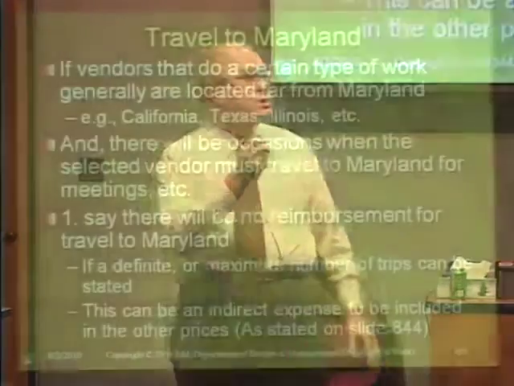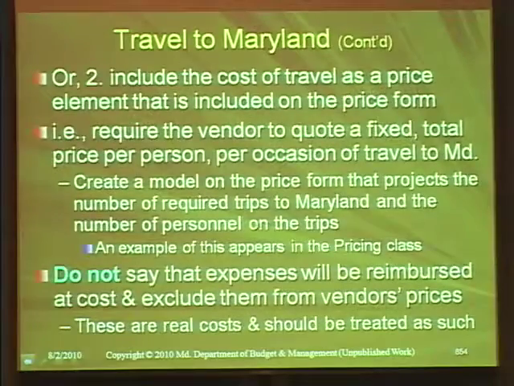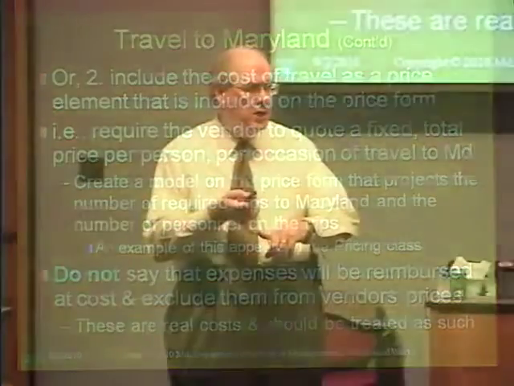And the thing that you should not do is what is at the bottom here. Don't say that expenses will be reimbursed at cost and exclude them from the price form. If they can give a discrete price, it's a cost you're going to pay. If they're located in California and you're going to pay $1,000 each time someone comes to Maryland, and that's $900 more than someone in Maryland would cost you, that's $900 additional dollars.